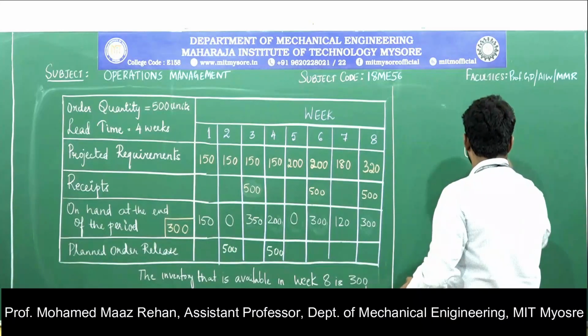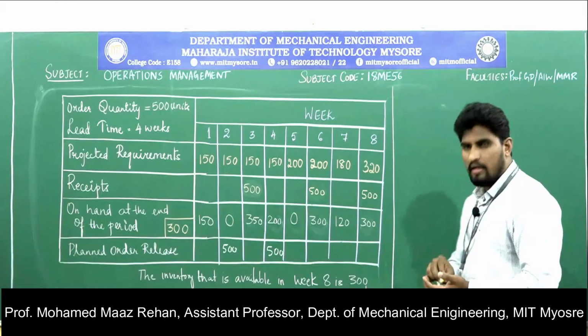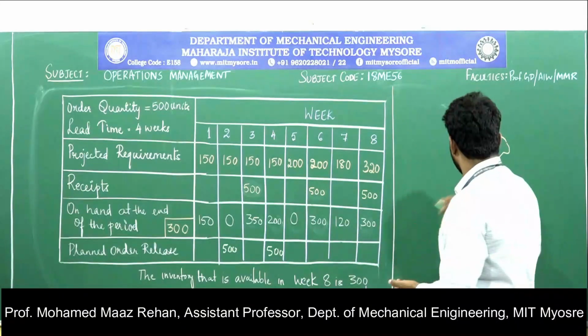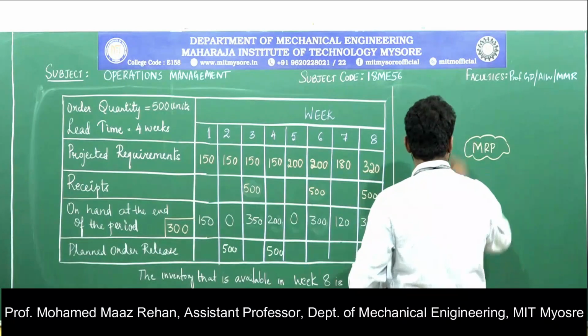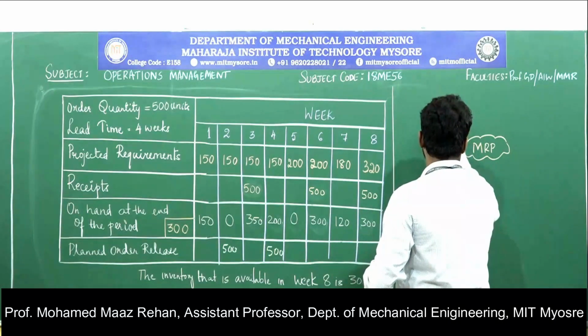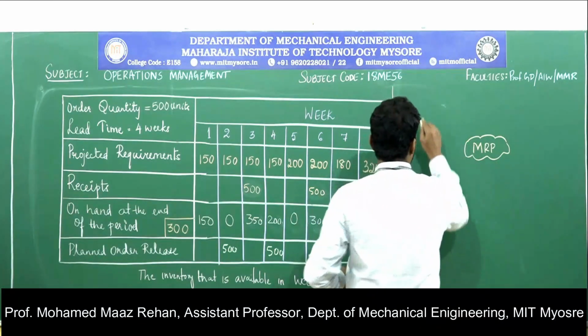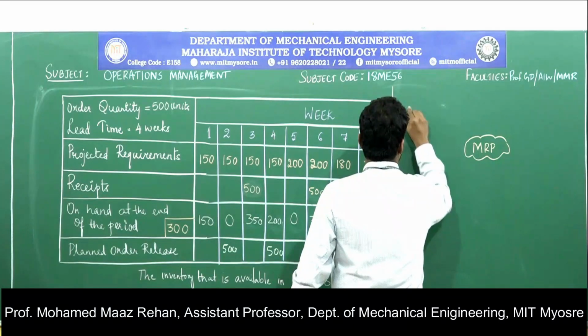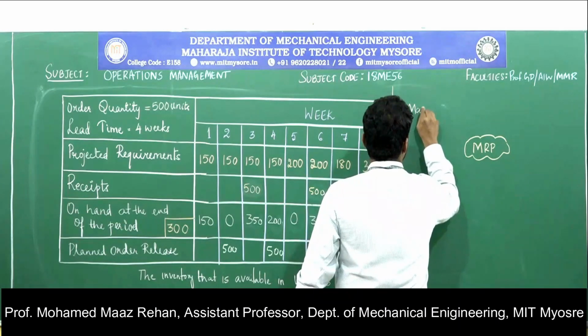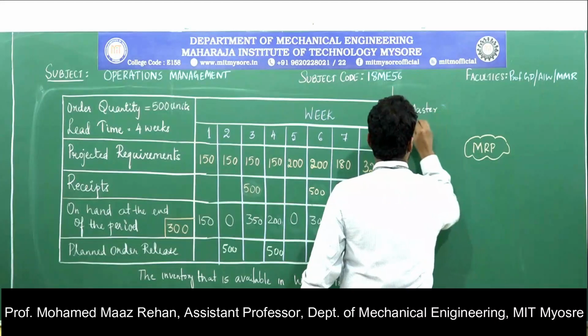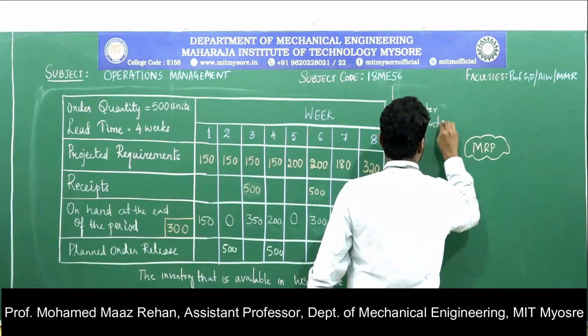Here you have material requirement planning. The inputs for material requirement planning we discussed in the previous class. So what were the inputs? It was master production schedule.